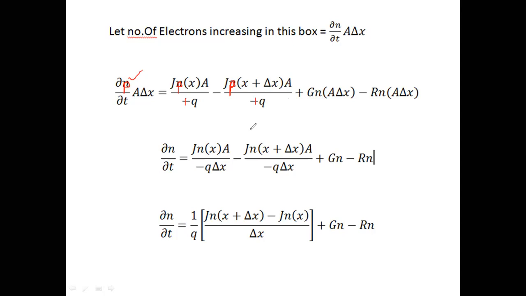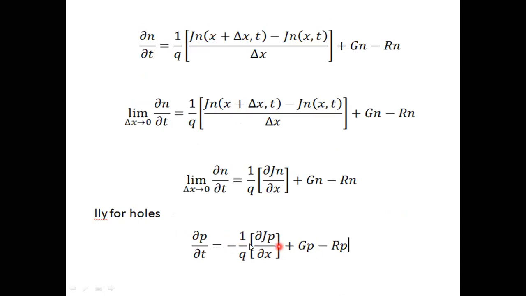Okay, so if I solve this, similarly, by the same steps, I will get the current density due to holes like this. This is the current density due to holes.